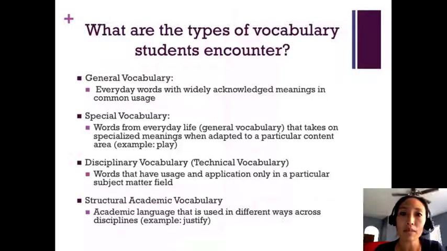And even when we talk about justifying our response, which generally means something similar across content areas, the types of evidence that we're able to draw from in order to justify our responses may be different. And so it's really important to be specific with students when we're using these different types of vocabulary that are important to our fields.